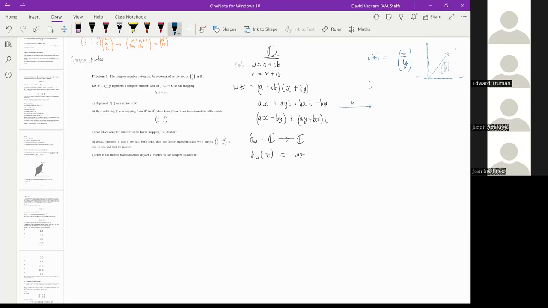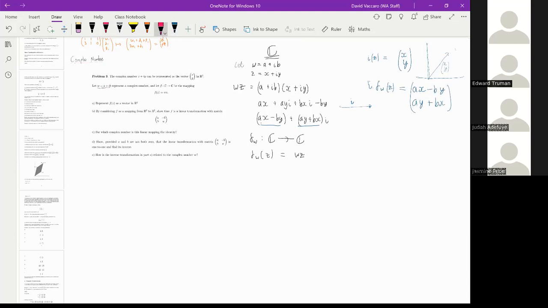Now, what is iota of f_w(z)? Well, I found that it was the complex number ax minus by in the real part, and ay plus bx in the imaginary part.